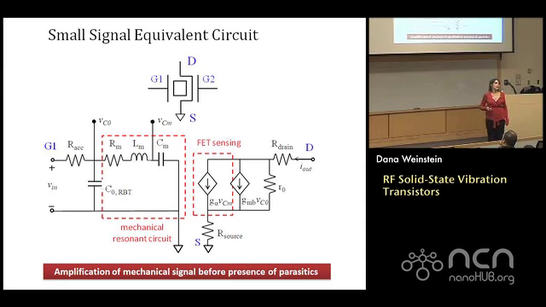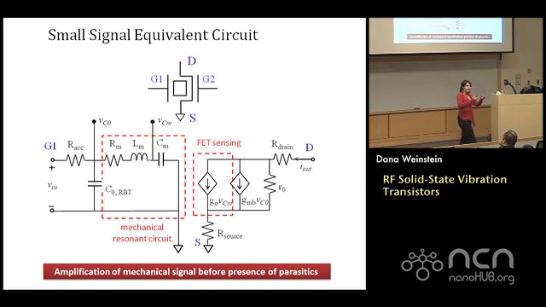On the sensing side, however, I have something that looks like a transistor. But instead of a normal transconductance, which depends on the voltage applied at this gate here, this is now kept at a DC bias, no AC signal on it. I have instead a piezo-resistive transconductance, an electromechanical transconductance, which depends not on the input voltage, but on a voltage across this capacitor, which is really just a spring.